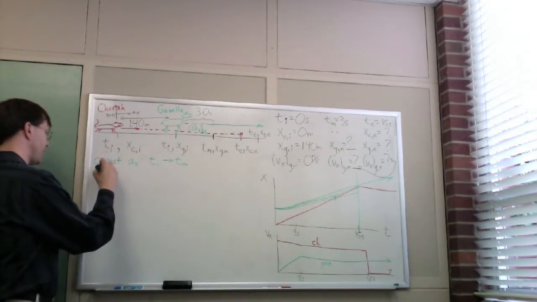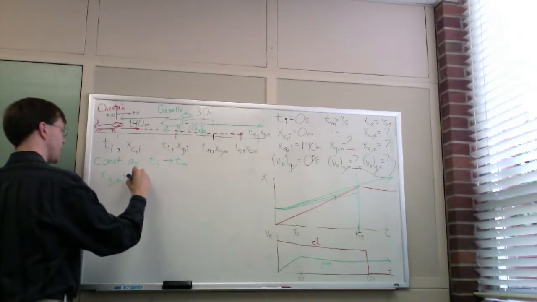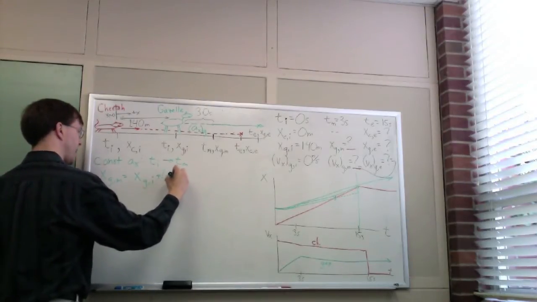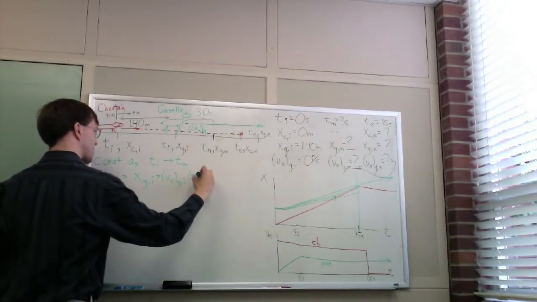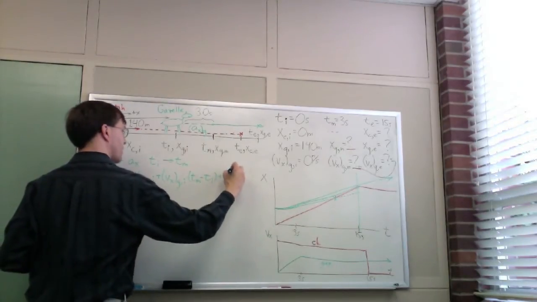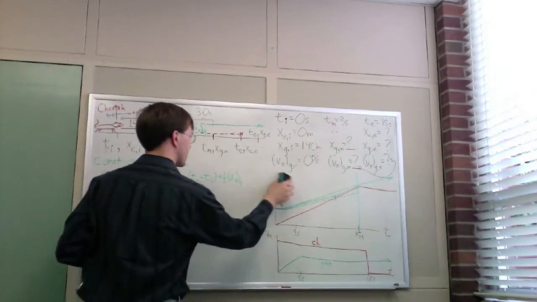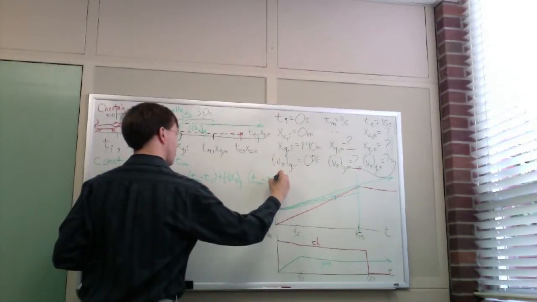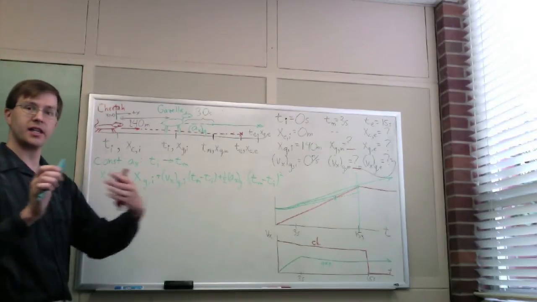I've got x gazelle max, at its maximum speed point, equals x gazelle initial plus vx gazelle initial times t max minus t initial, plus 1/2 ax gazelle times t max minus t initial squared. That's my first constant acceleration equation for the gazelle's accelerating phase.